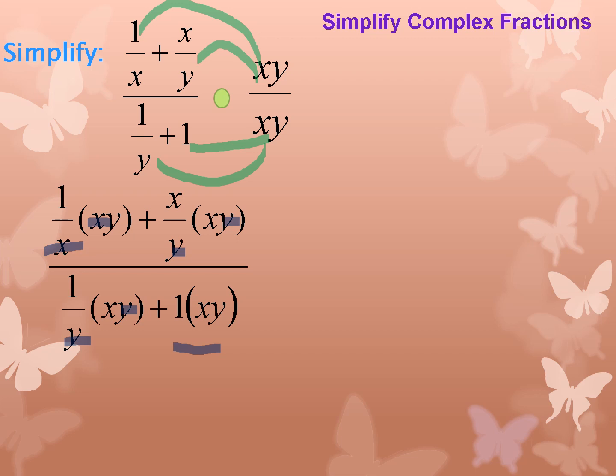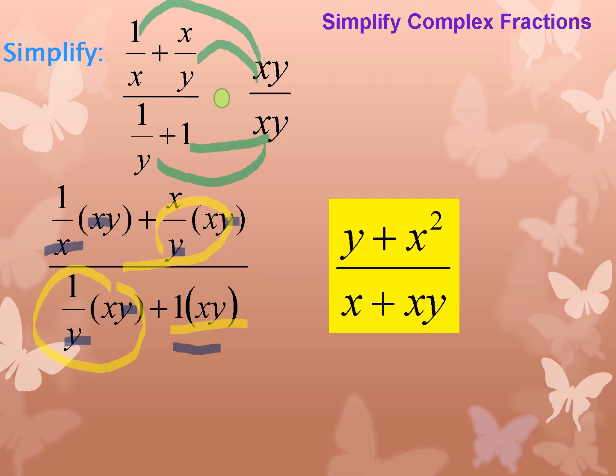With the x's canceling out, I have y up top. With the y's canceling out, I'm left with x times x, which is x squared, and then with the y's canceling out here, I'm left with x, plus xy. So that's how I get y plus x squared over x plus xy.